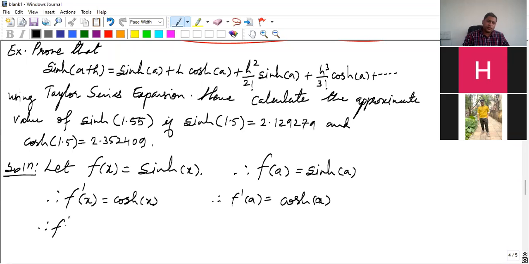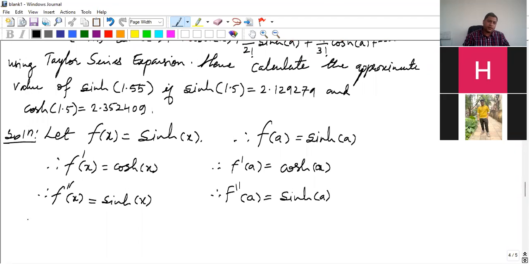Now we go for the next derivative of f of x. We have f double dash of x, and the derivative of hyperbolic cosine is hyperbolic sine x, and hence f double dash at a is hyperbolic sine a. Again we find the third order derivative.